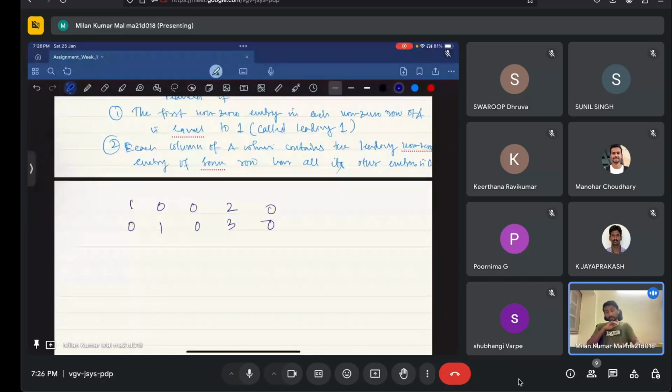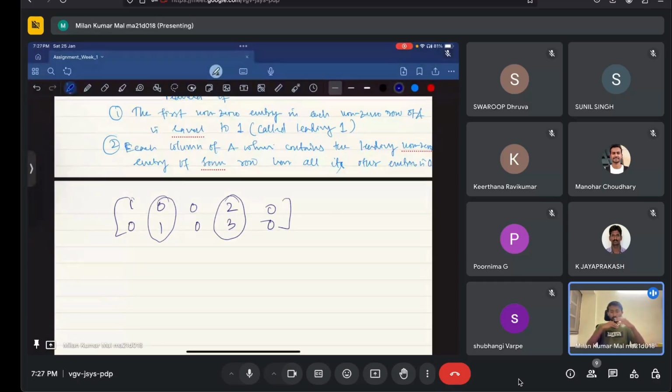So this is a row reduced matrix. Why is this a row reduced matrix? The first non-zero entry of each row is 1, there is no doubt. And the second thing is that if an element is the first non-zero entry of some row, then all other entries of its column should be 0. Note that here 2 and 3 are not the first non-zero entry of any row, so in that case we don't need them to be 0.